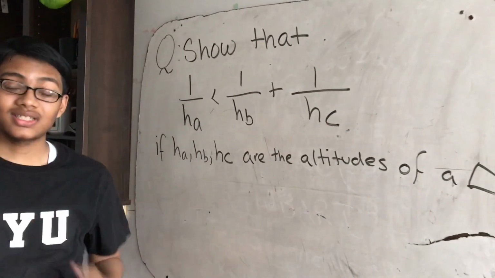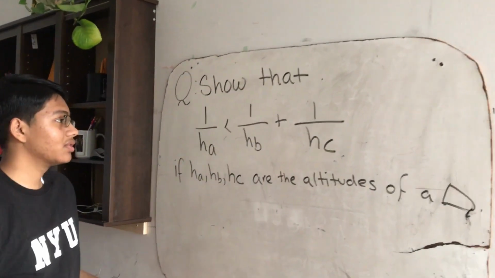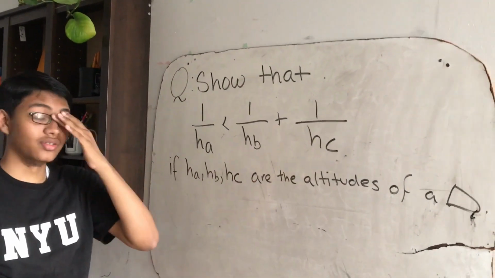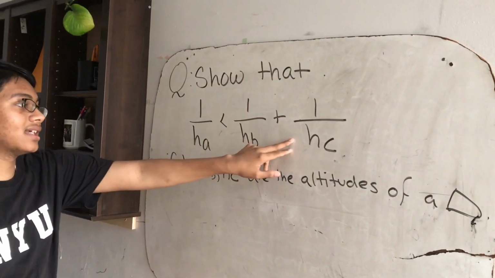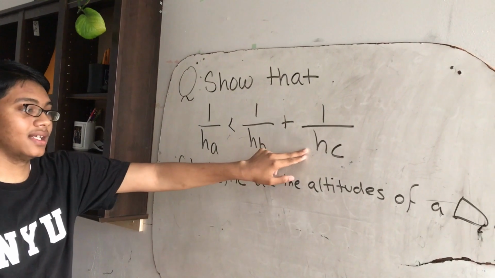Okay, so what does the question ask us? Well, we are asked to show that this inequality is true. 1 over the first altitude is less than the sum of 1 over the second and third altitude.